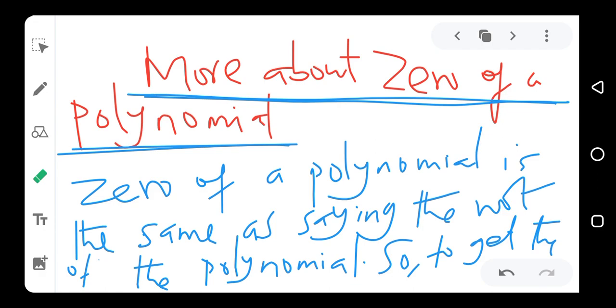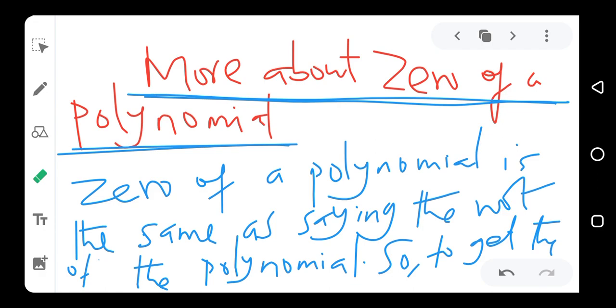So when you are given a polynomial and asked to find the zero of the polynomial, it simply means that you should simplify or factorize the polynomial to get its root. That is the answer. Factorize the polynomial given to you to get the root. The root of the polynomial is the zero of the polynomial.